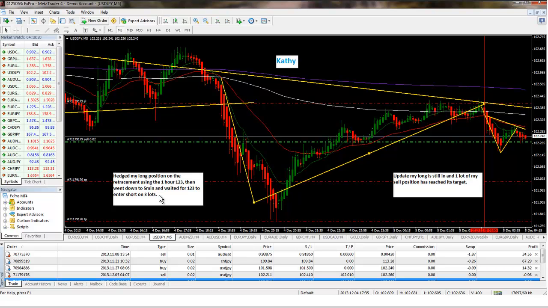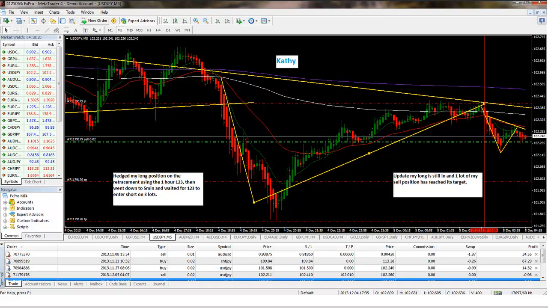And okay, the long is still 1 lot, my sell position hedged its target. Update, my long is still in and one lot of my sell position has reached its target. Okay.